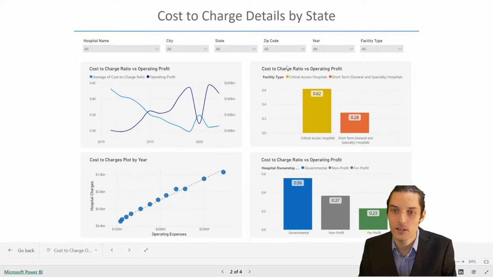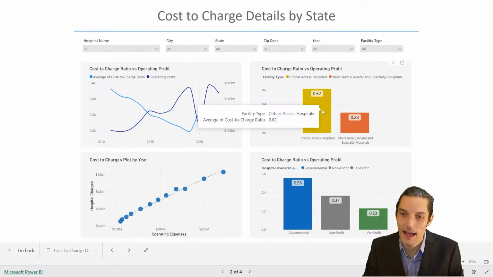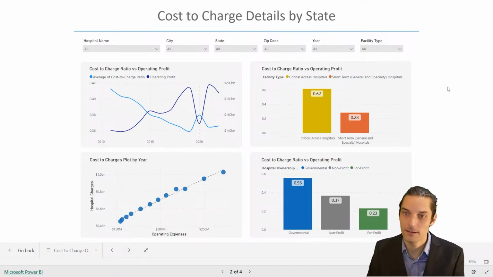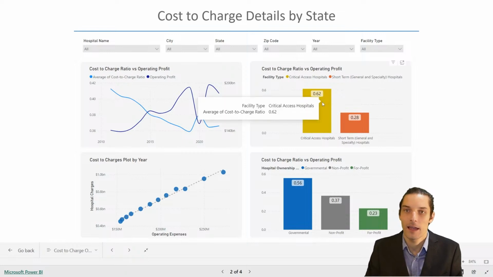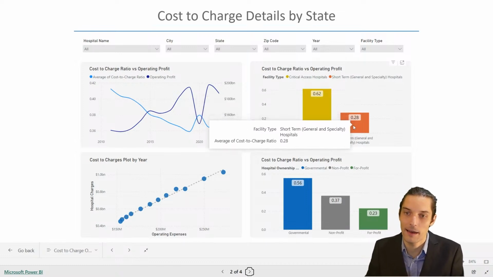The other thing I wanted to know was, what is your cost to charge ratio in critical access hospitals versus short term? Hospitals will essentially charge what their expenses are. So in this case, any hospital you go to, their charges versus what their expenses are is going to be more in line than your short-term care.